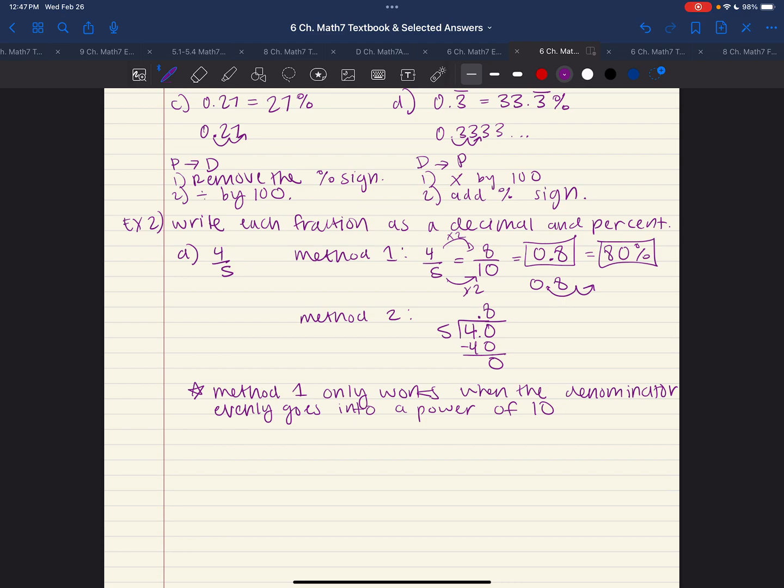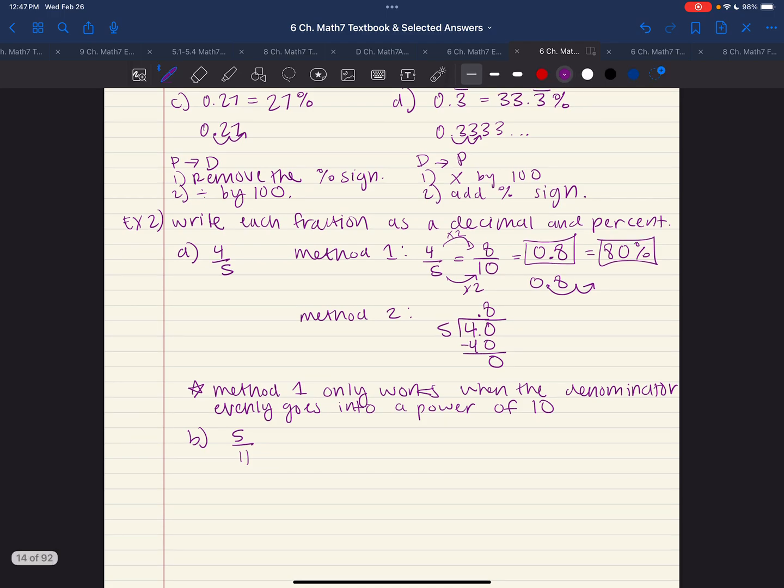So 10 to the power of 1 is 10, 10 to the power of 2 is 100, 10 to the power of 3 is 1,000, etc. So those are your powers of 10. All right, so this is the last example. 5/11. So let's review the directions. Write each fraction as a decimal and percent. Okay, so method 1 is not going to work because 11 doesn't go into a power of 10 evenly.